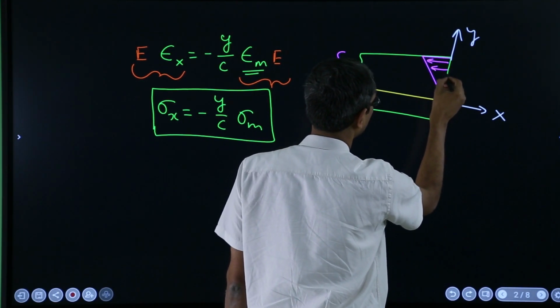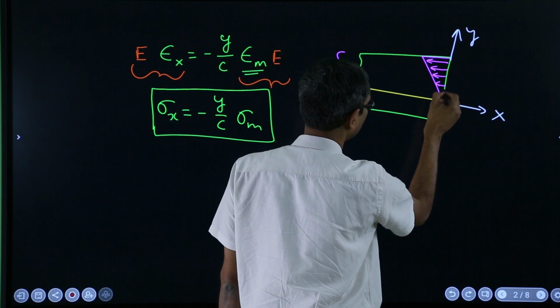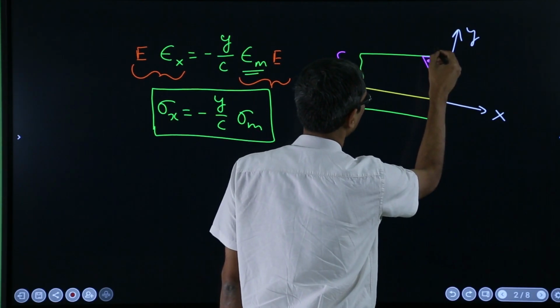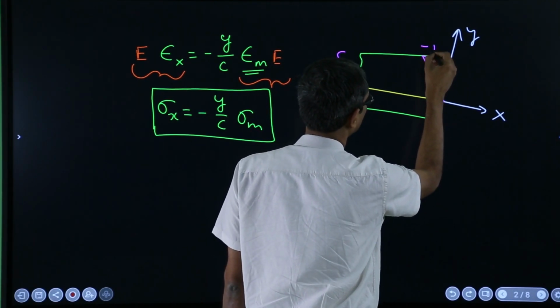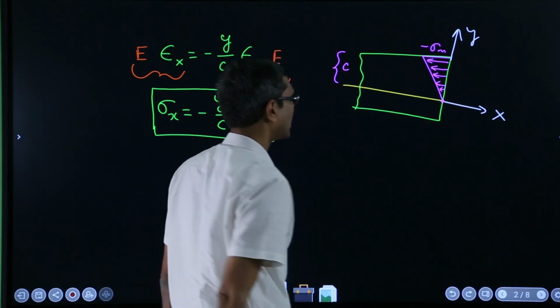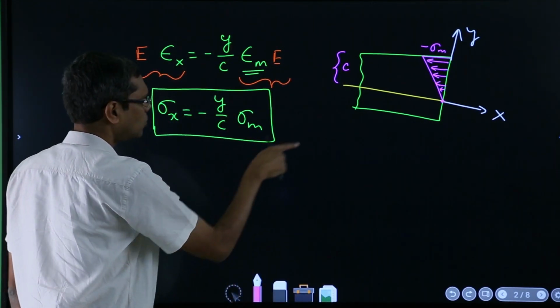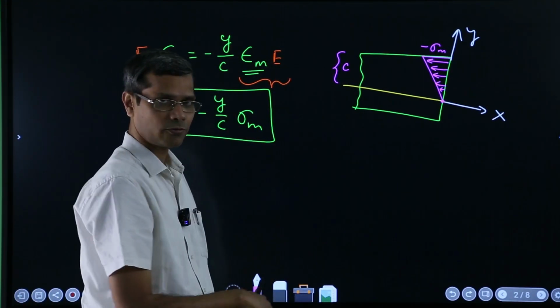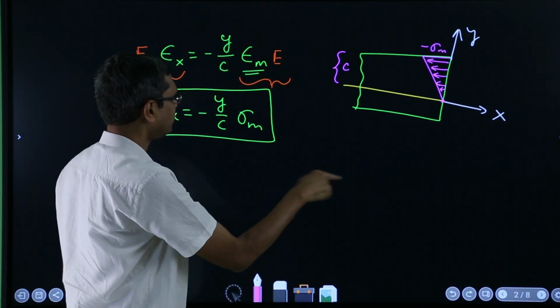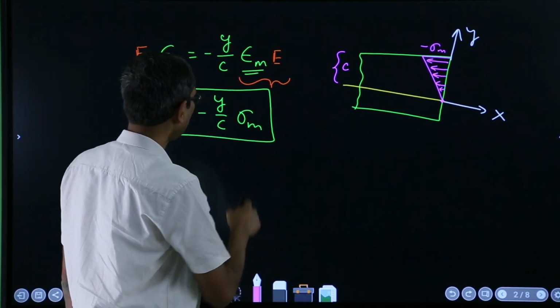This can be represented like this, and this value is minus sigma m, the maximum value. If we go in the other direction, that is negative y, we will get a positive sigma.